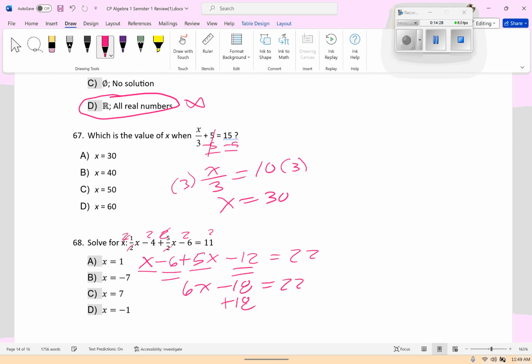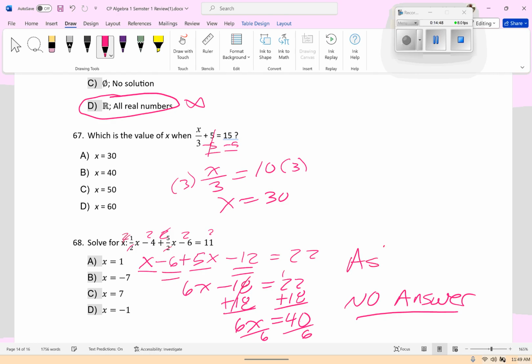Add 18 to both sides. Those cancel out, so 6x is equal to, let's see, that's going to be 40. Oops. If I divide by 6, I don't have an answer. There's no answer on this one. We made a mistake. So ask your teacher how they maybe could have corrected that for you.